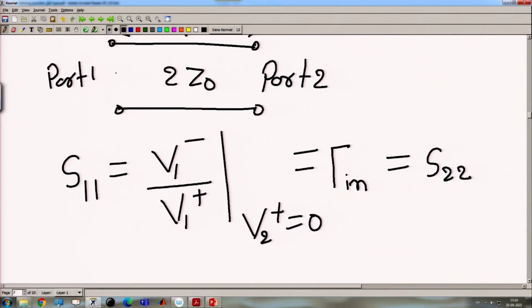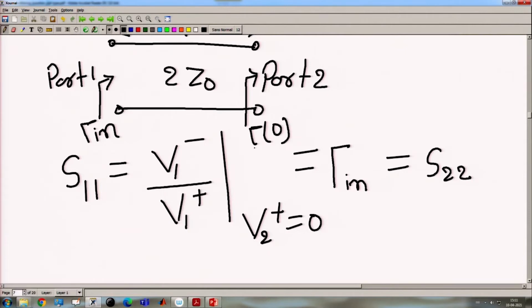If here it is gamma in, here we can denote gamma 0. We denote gamma 0 at port 2 and gamma in at port 1.